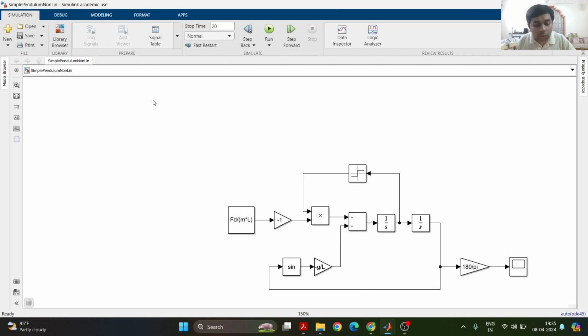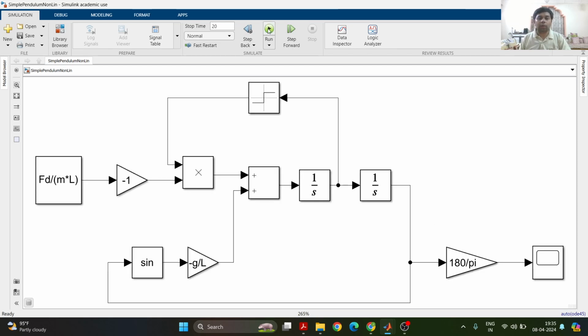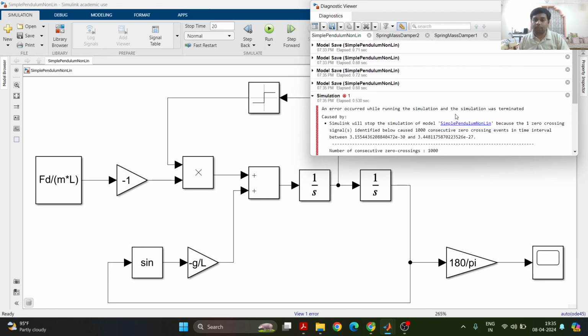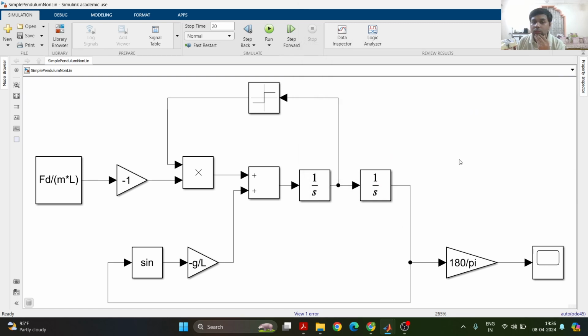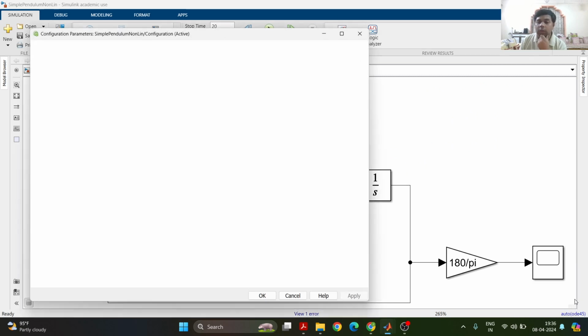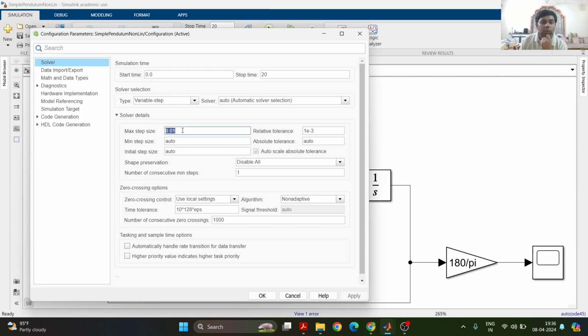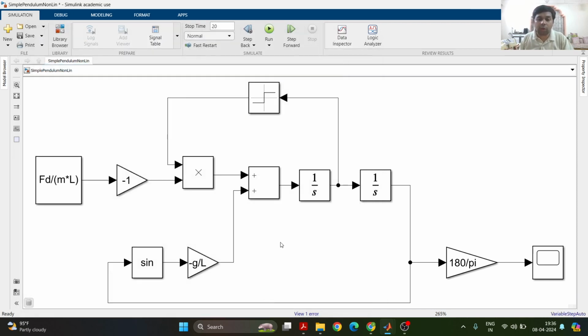So now let us try to run this model. There is some issue with the zero crossing detection part. So let us leave the step size part to auto.